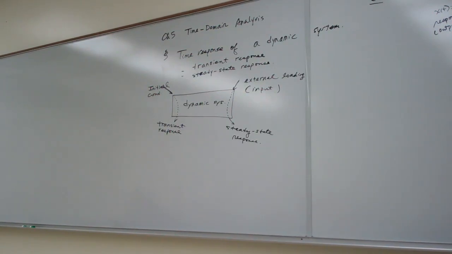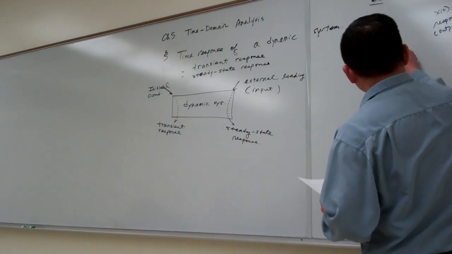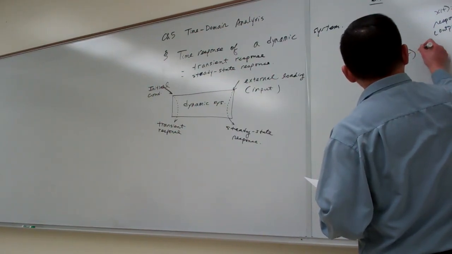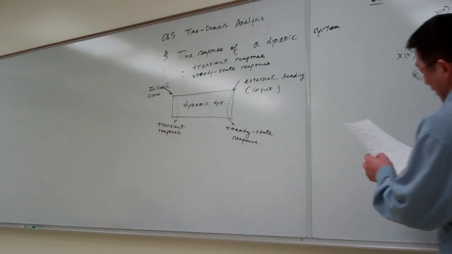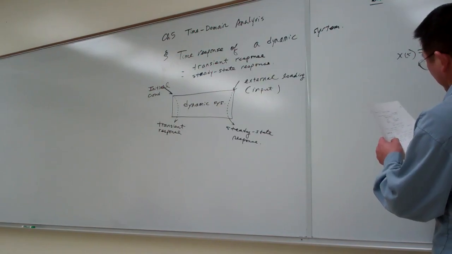To solve this equation there are a couple of ways you can try. You can take the Laplace transform and then the inverse Laplace transform, as in homework 1. Or we can try the traditional solution process for differential equations, which is what I do here. x(t) is equal to x transient plus x steady.